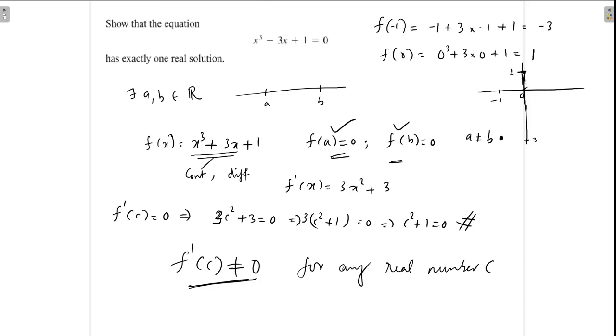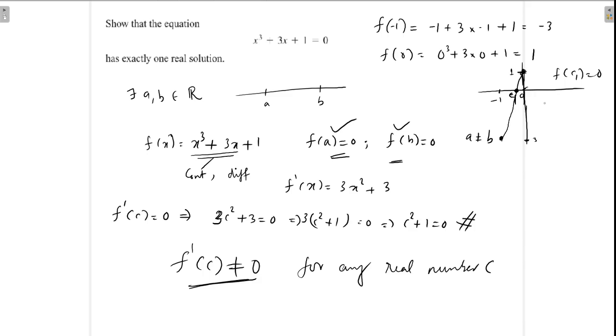Since this function is continuous, consider the graph in the closed interval from -1 to 0: the graph starts from this and ends up with this. So in between, the graph of this function should touch the real line. At this point, say c1, f(c1) should be 0. So this function has a 0 between -1 and 0.